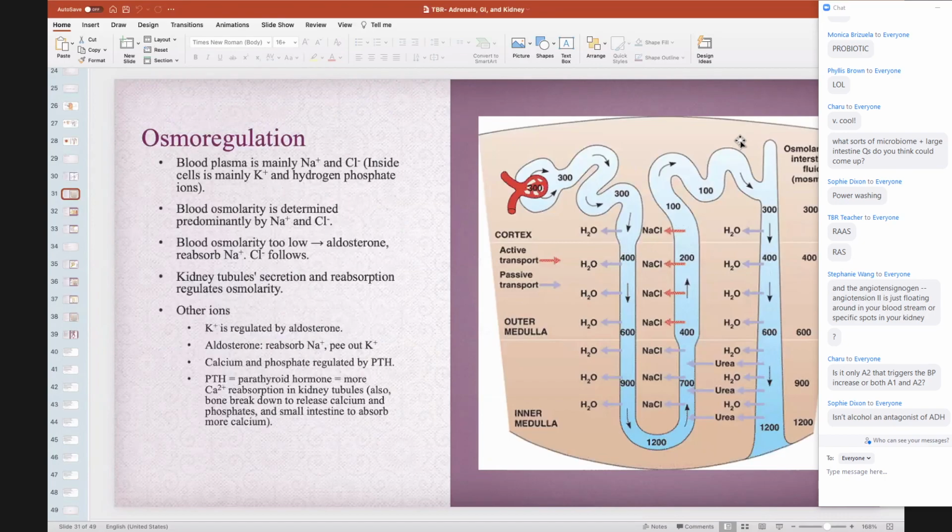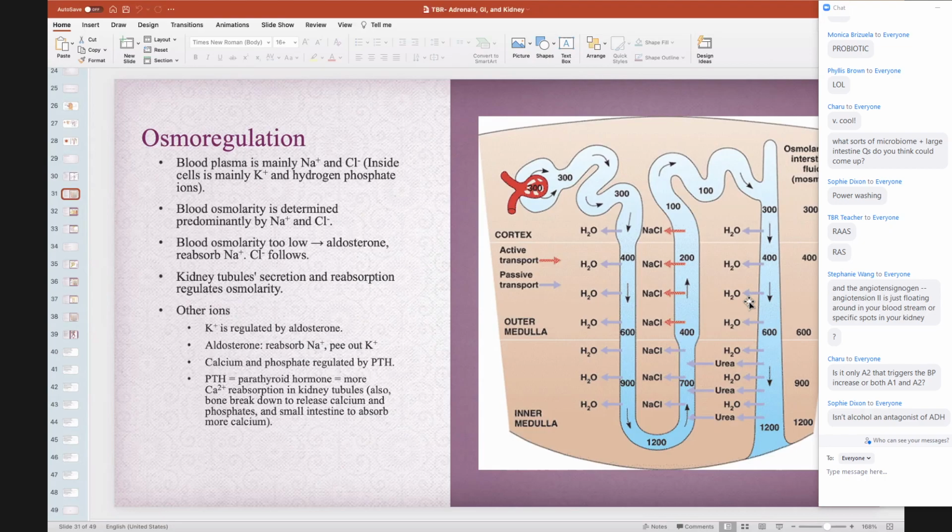So osmoregulation. So we just talked about blood pressure regulation, now osmoregulation. What the kidneys do is they really dictate what's being peed out and what's being reabsorbed. And so we're going to start reabsorbing things, and we'll talk more about how it does that in the proximal convoluted tubule and the distal convoluted tubule, and then eventually the collecting duct, how much water we absorb versus not absorb.